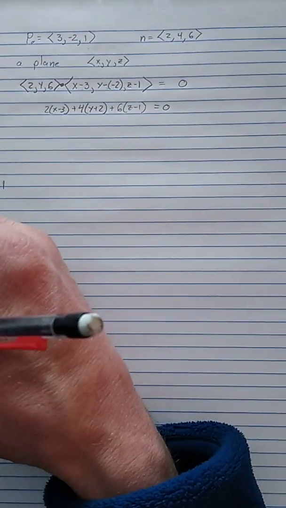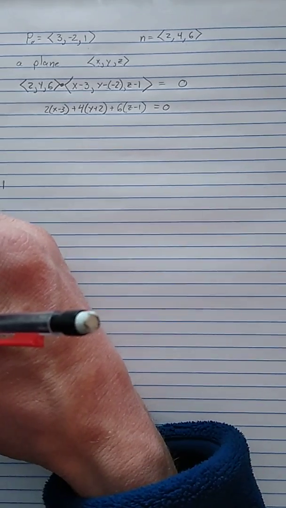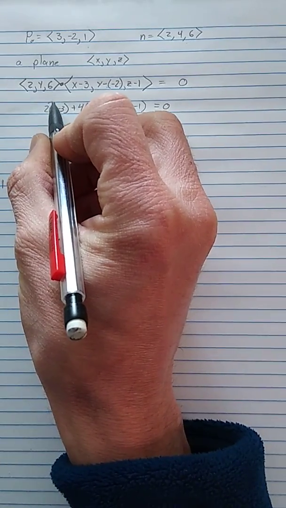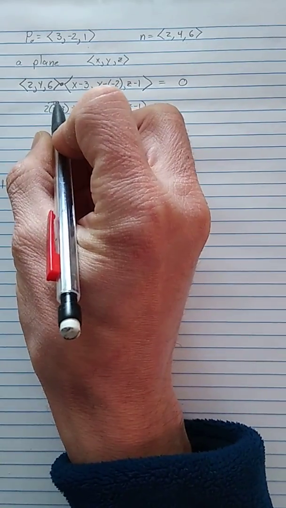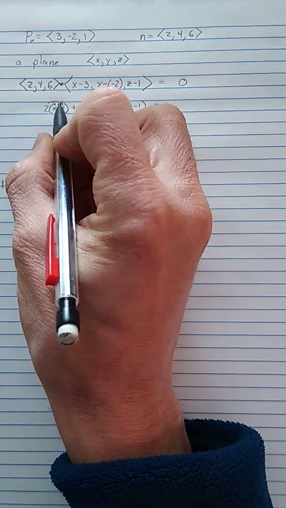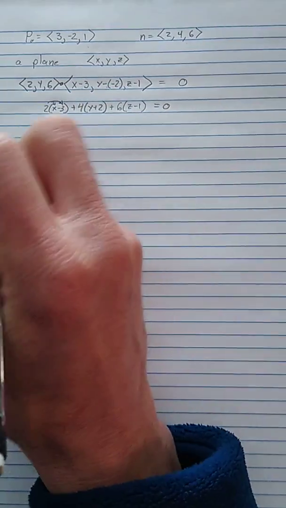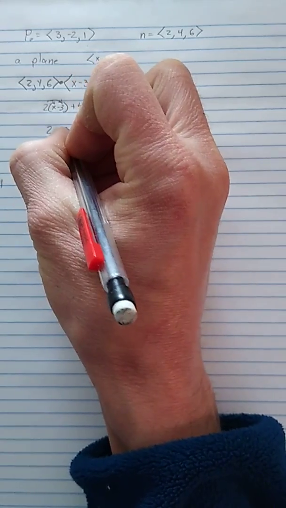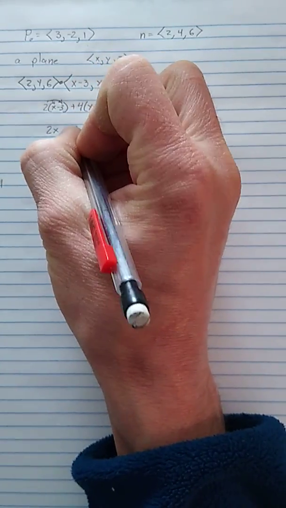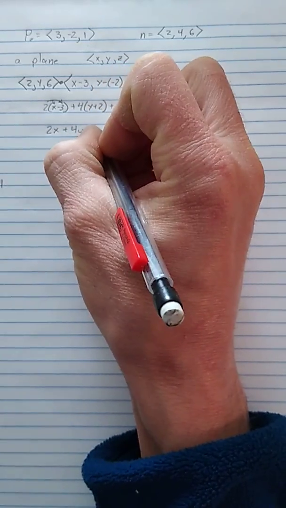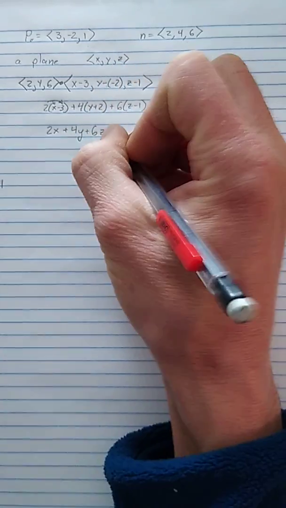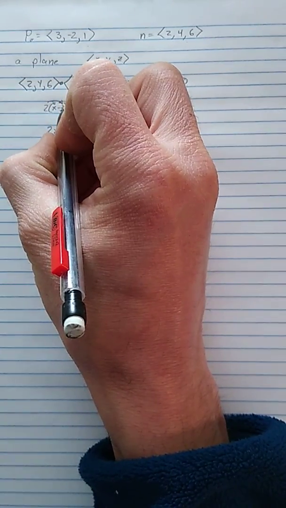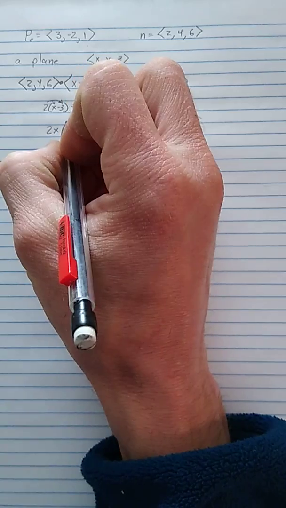Well, a slightly more convenient way to write this, if I want it to look like how we normally write the equation of a plane, is to actually distribute each of these in and move the constant to the other side. So if I do that, I get 2x plus 4y plus 6z equals, and then I have 2 minus 3, so that's -6.